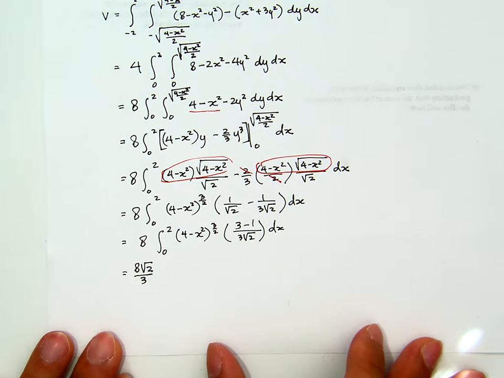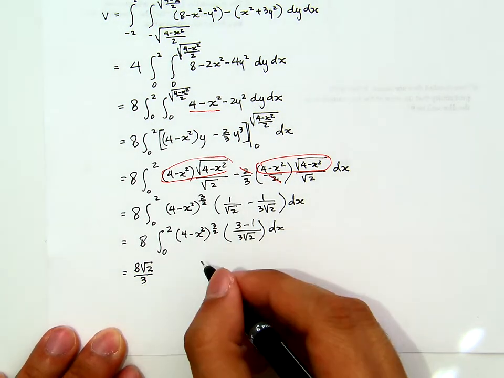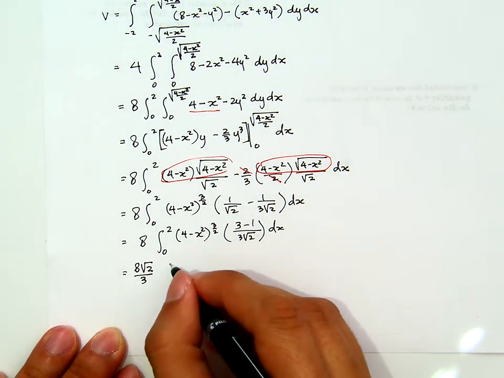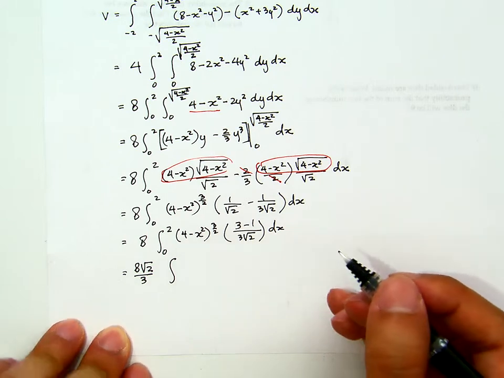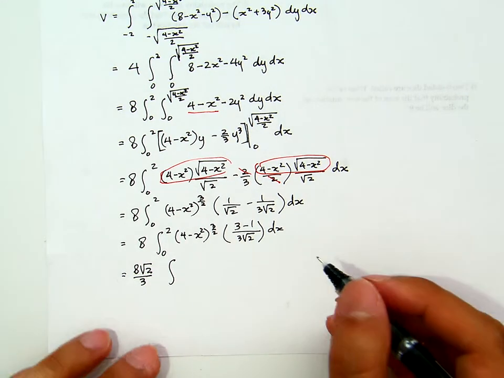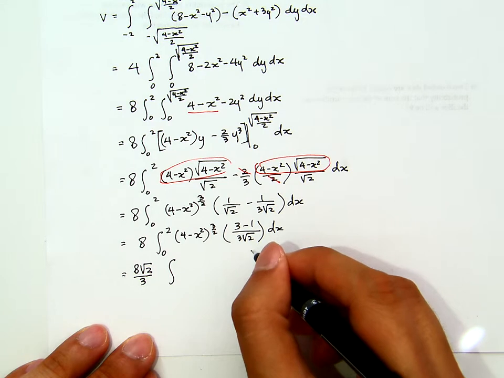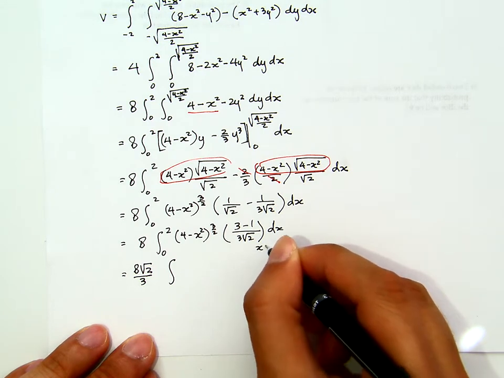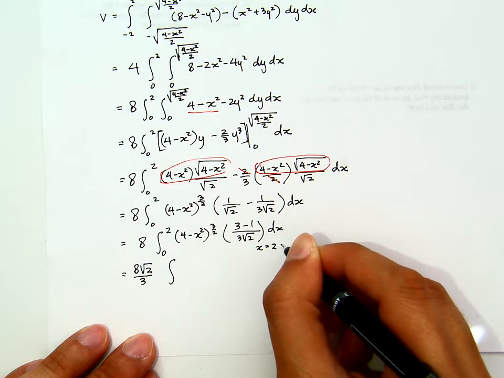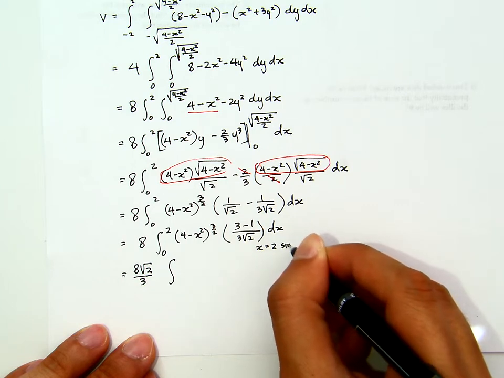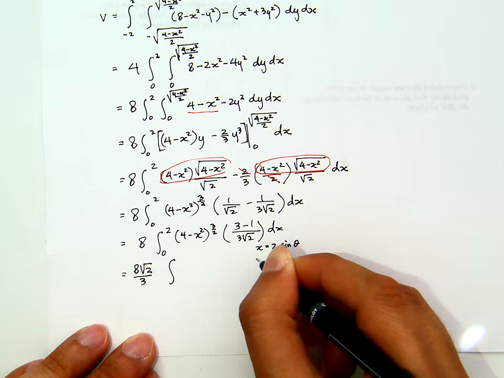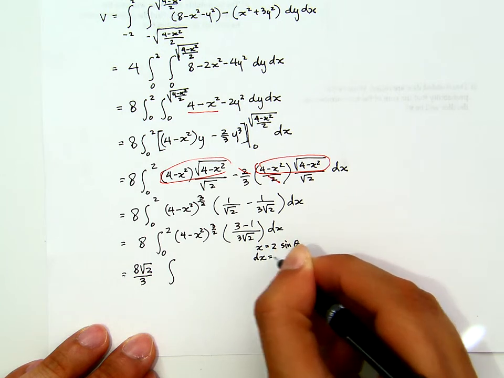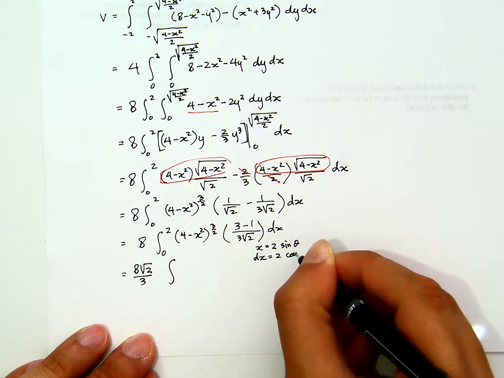Now then, if we continue, for the guys inside, I will do substitution. What kind of substitution is good? We say let x be 2 sine theta. Therefore, dx equals 2 cosine theta d theta.